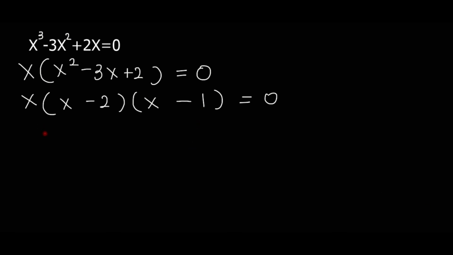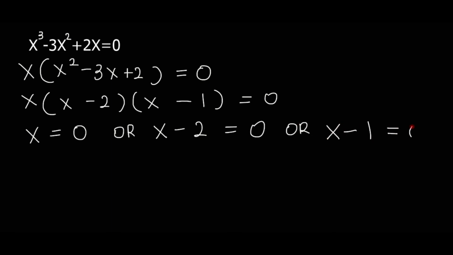And then from here, x is equals to 0, or x minus 2 is equals to 0, or x minus 1 is equals to 0. Notice something, x is equals to 0 is this x. This is a variable, but if it were a number like 2, you have 2 here, you cannot say 2 is equals to this side, you cannot say 2 is equals to 0.